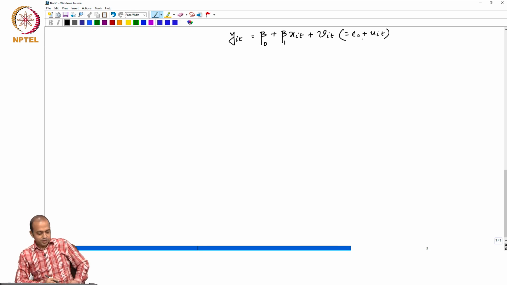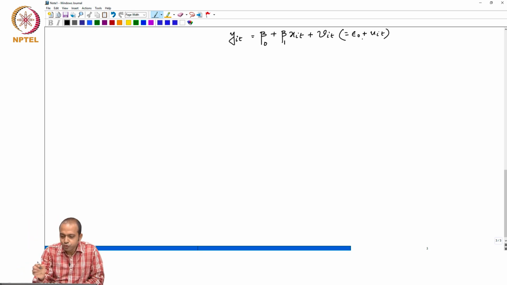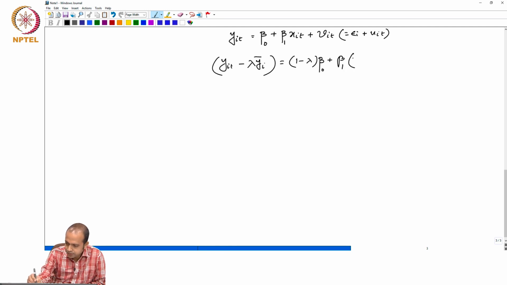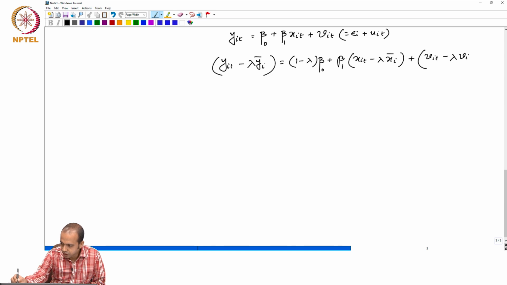Instead of removing the entire epsilon I, we will use this transformation: YIT minus lambda YI bar equals 1 minus lambda beta 0 plus beta 1 times XIT minus lambda XI bar, plus VIT minus lambda VI bar.